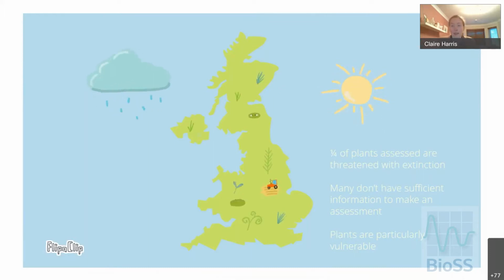But in that assessment, there are so many thousands more species that just don't have sufficient information to even make an assessment. So there is a particular lack of information on plants worldwide, and we thought we might start to fill this gap somewhat by coming up with a simulator.